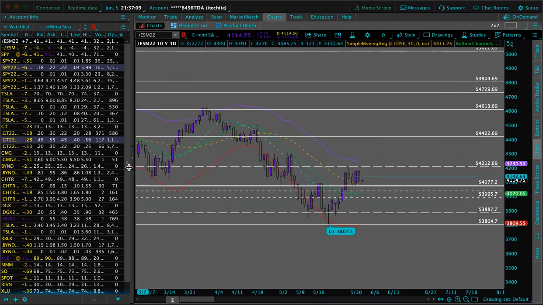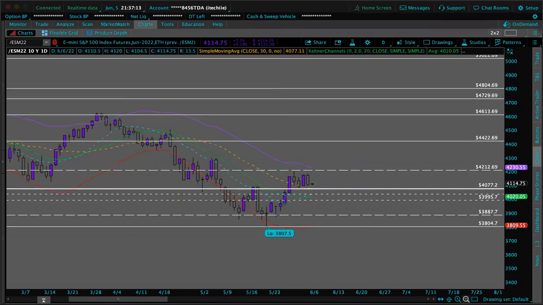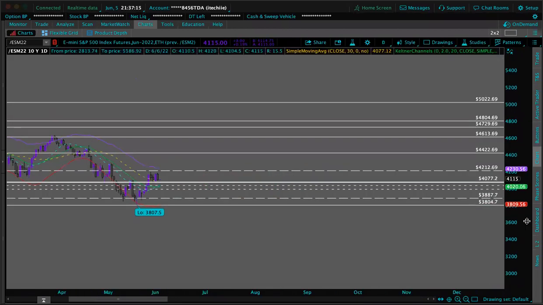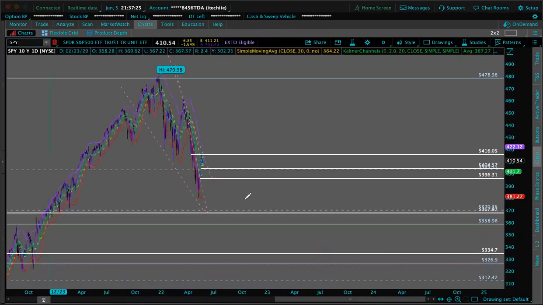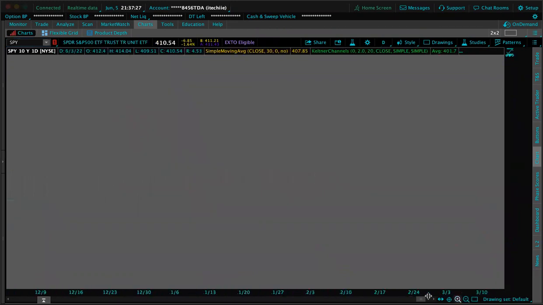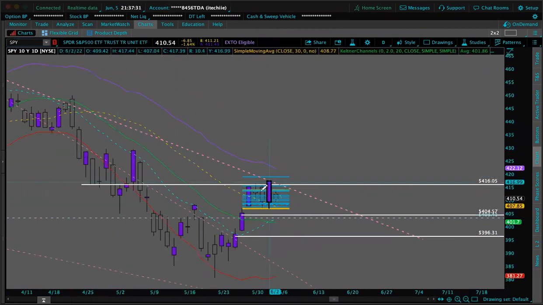A couple of things point out to me that keep me level-headed, keep me from going all the way wanting to be short. I can point out the big picture and I can point out the small picture. So we're going to start with SPY. Since this is ES, I can't go that much further back, but I bring SPY in. A lot of people, I understand, focus on short term, on 1-day, 5-minute, 10-minute charts.